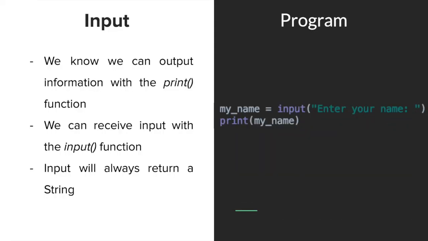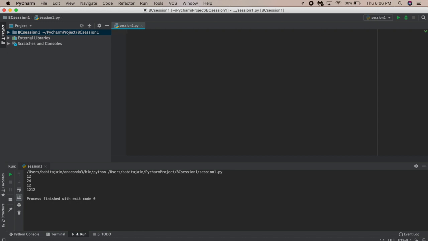Now we shall learn how we can take input from the user. Till now, we are just displaying the output to the user. We are not taking any input from the user. So for taking input from the user, let's first create a variable in which the value of that input will be stored. Let's create a variable called name.